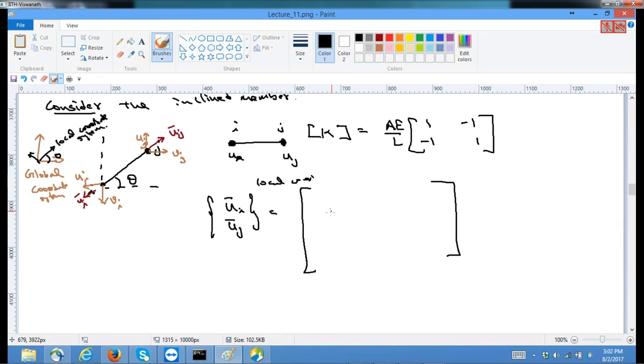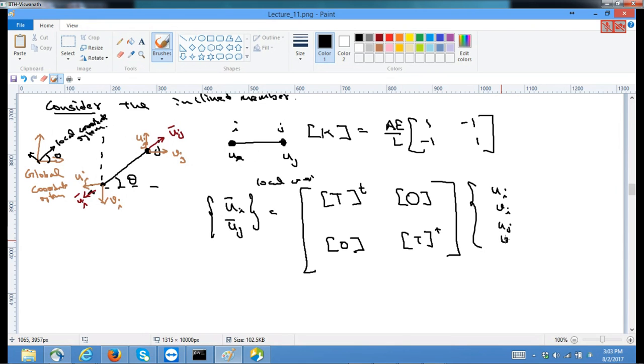We know each coordinate splits into ui, vi. So we need to do the transpose, 0 matrix, 0 matrix, T transpose times ui, vi, uj, vj.